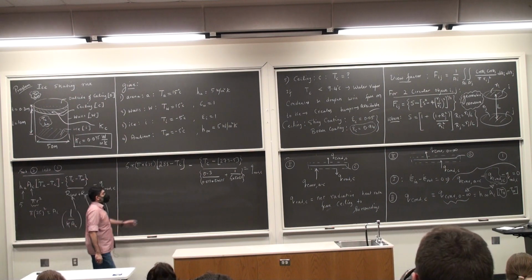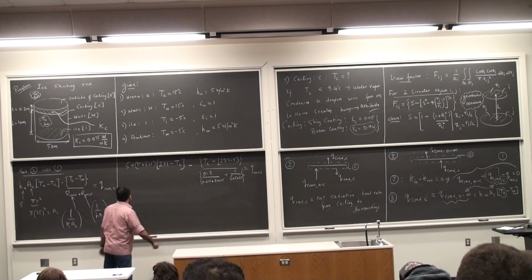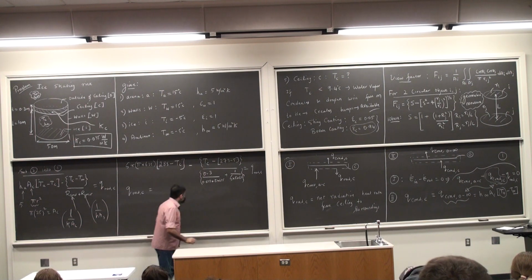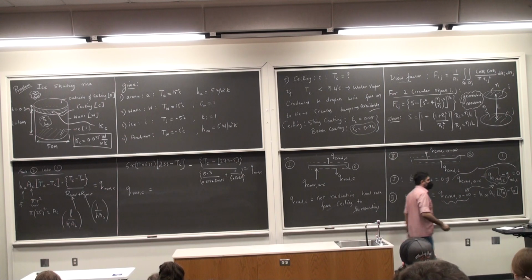So if I simplify this, I'm going to get something in terms of Tc, and so Q radiation C. I have the simplified version of this here.